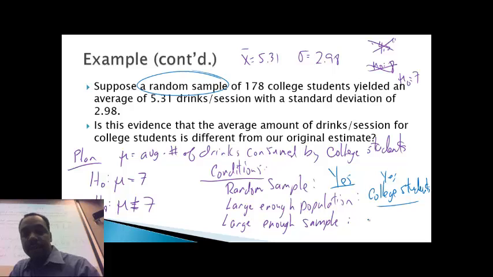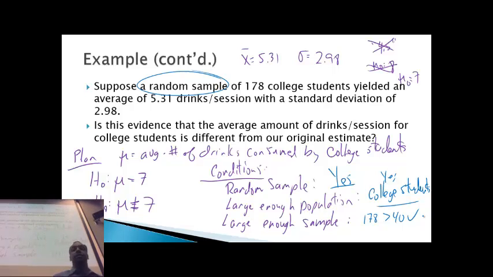And the sample issue, well, 178 is a lot bigger than 40, so I think that's large enough for sure. So those are some criteria for getting started. And yes, you will use this character today. In fact, this becomes your newfound friend for the rest of the semester, if it hasn't been your friend so far.